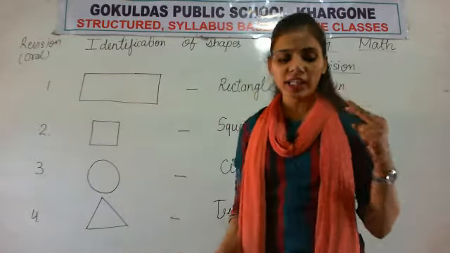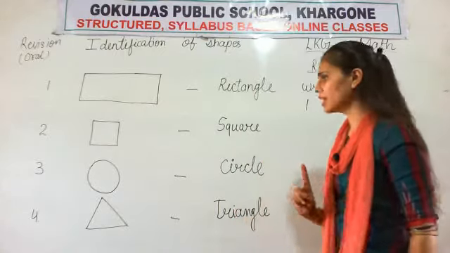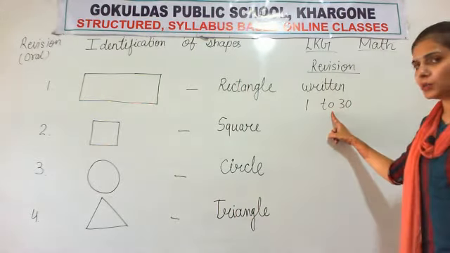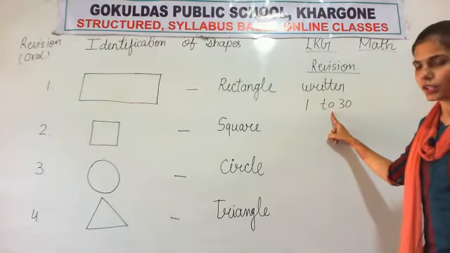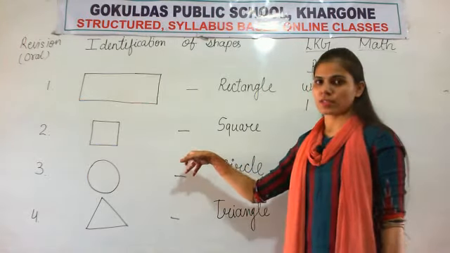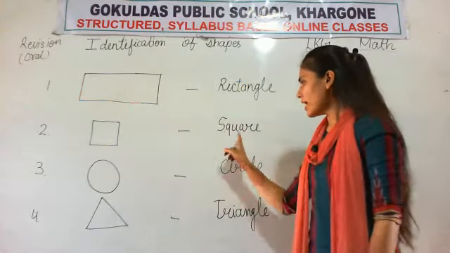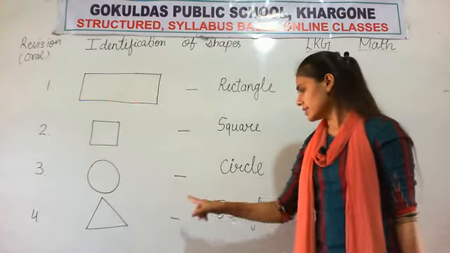So both things you will prepare for your exam. 1 you write 1 to 30, okay, and in your oral shapes, okay, this is rectangle, this is square, this is circle and this is triangle.